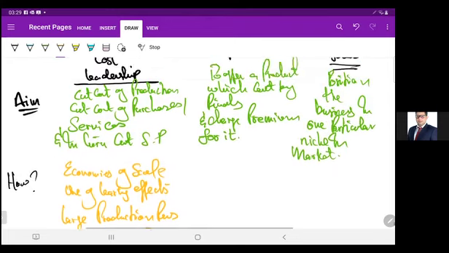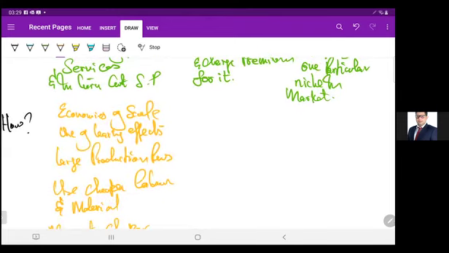Now, how can we achieve differentiation?